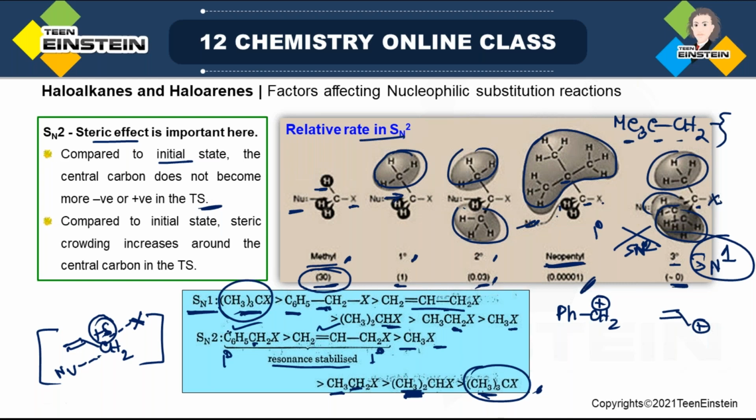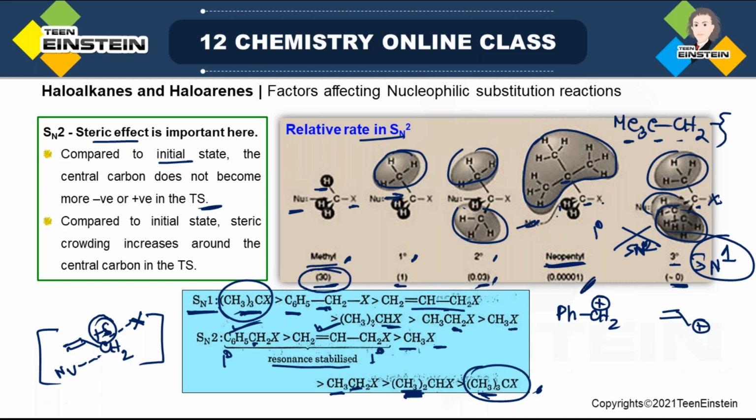But these two substrates are very unique, because they can give better results both in SN1 and SN2, as they are not only less sterically hindered, but also have a stabilizing factor present.